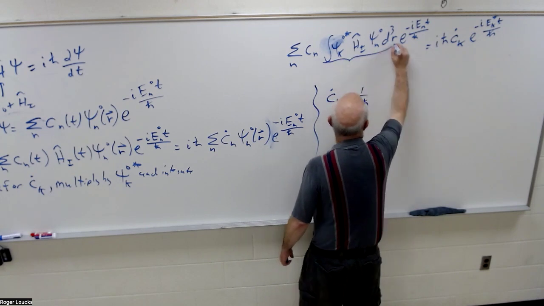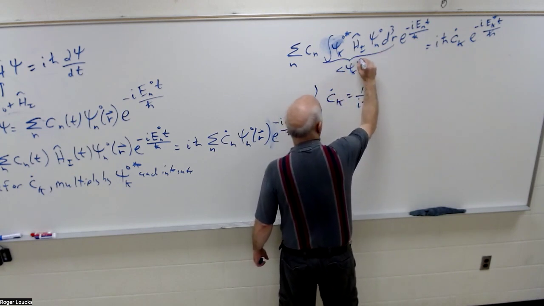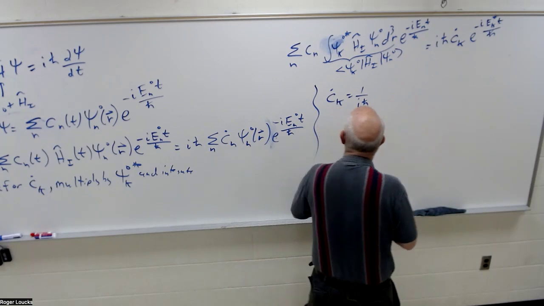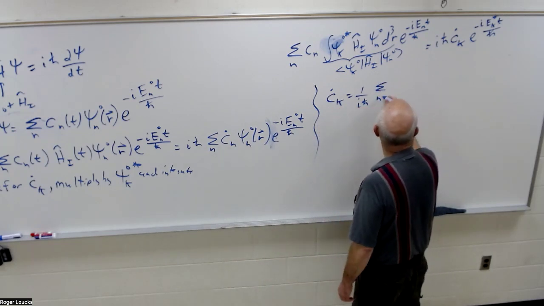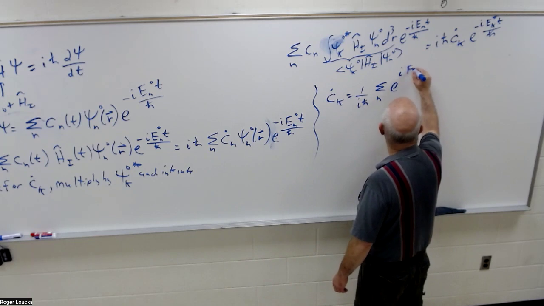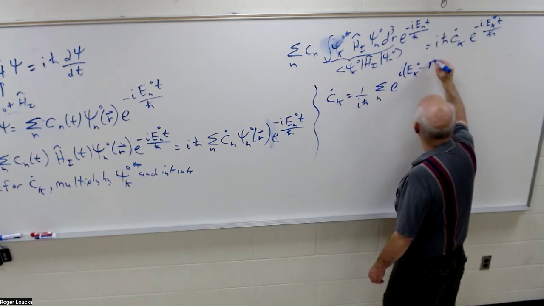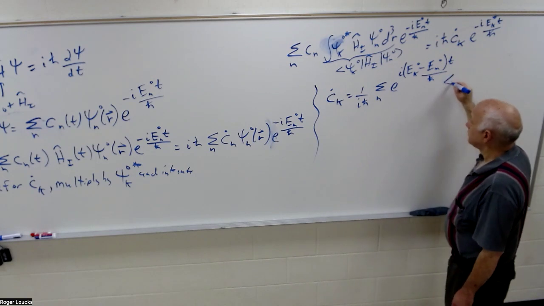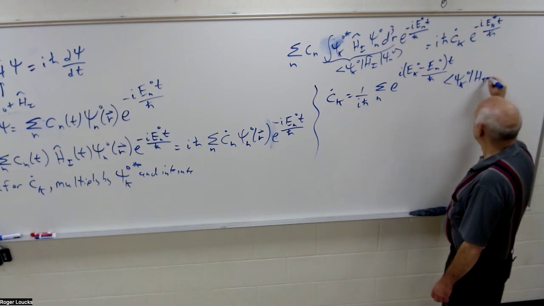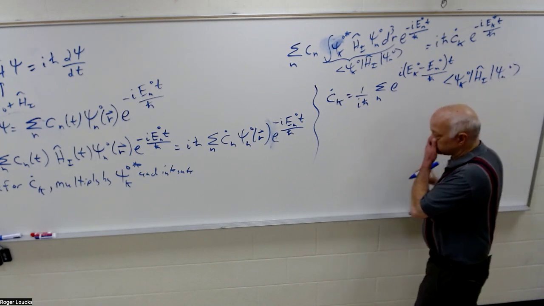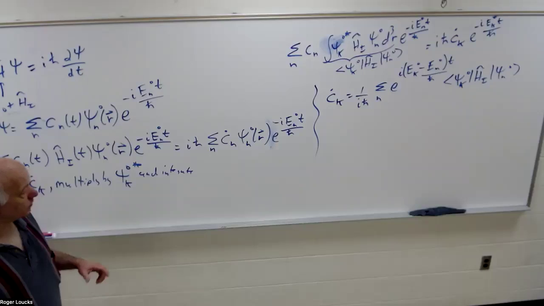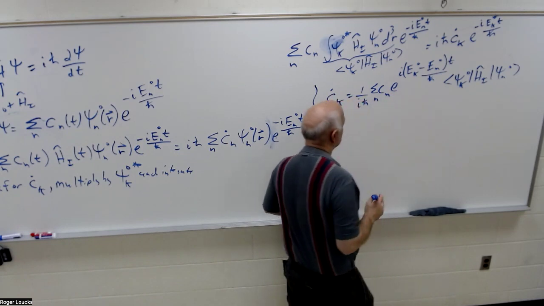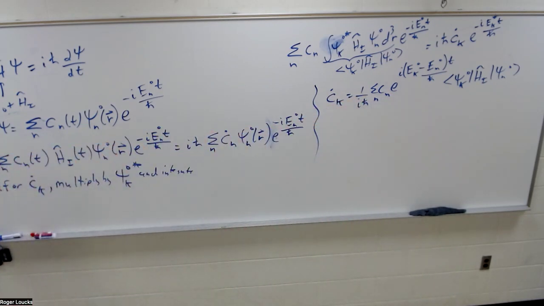And then I rewrote this because I got tired of writing it, as H_kn, so that gave us a sum over n of Cn times e to the i (Ek0 minus En0) t over h bar. I would agree with that.